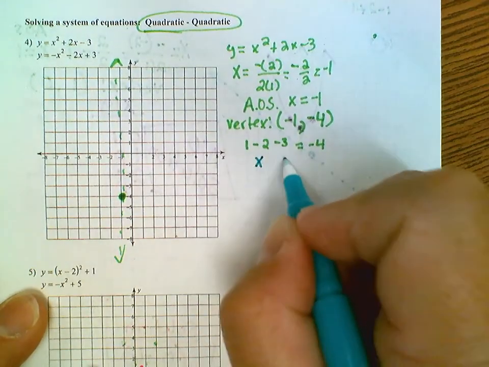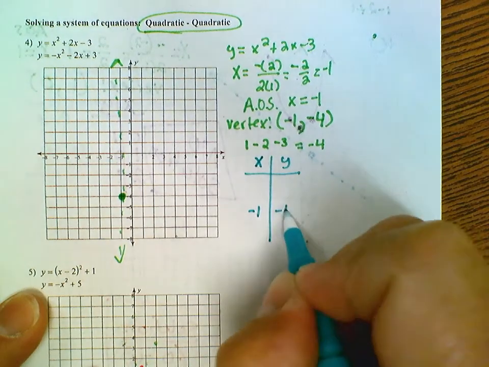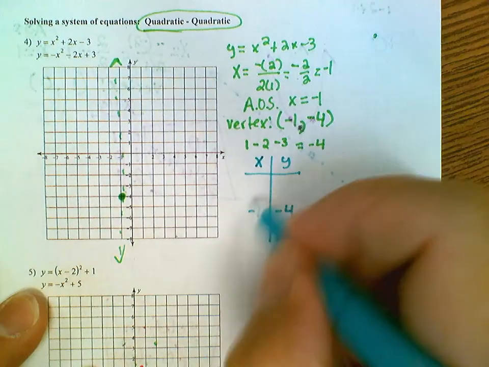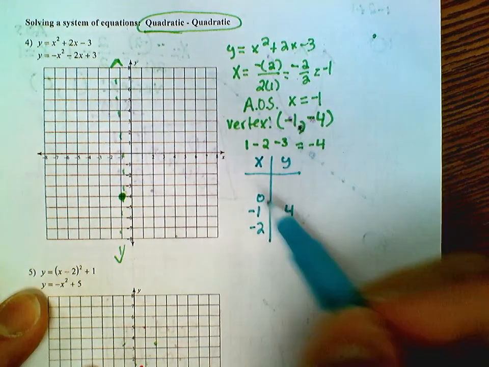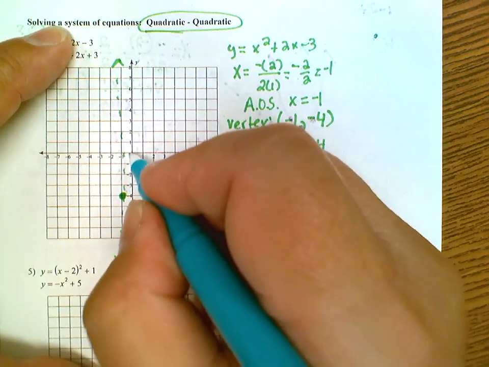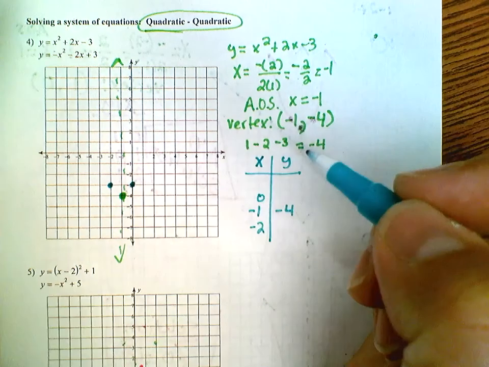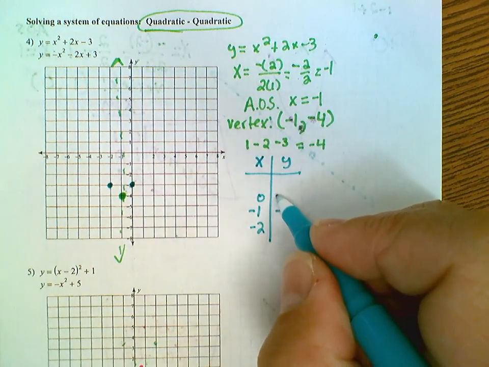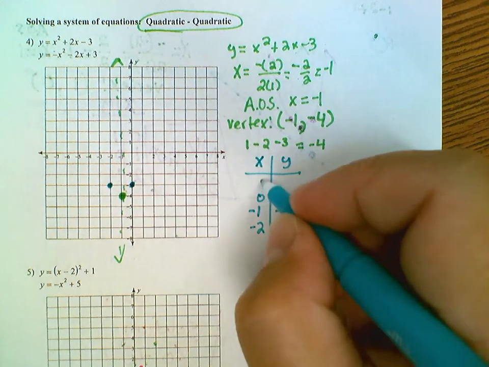And I will do the table here. So on either side of that negative 1 is a 0 and a negative 2. 0 again gives me my y-intercept of negative 3. So 0, negative 3, and negative 2, negative 3. And I'm going to go one more.